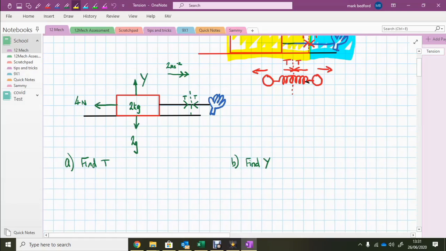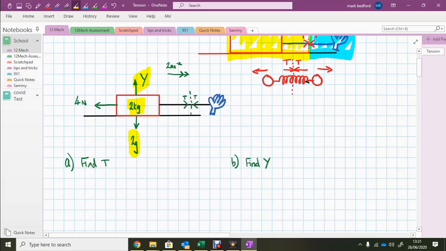Let's have a look at my first example. In this example I have a 2 kilogram block, and the force of that resting on the table will produce 2g acting downwards. Because it's resting on a table, there's that force that stops it going through the table, which is this normal reaction force here. I've got a couple more forces to consider.